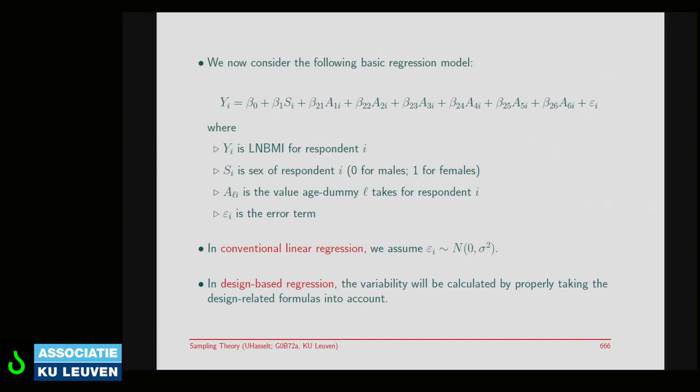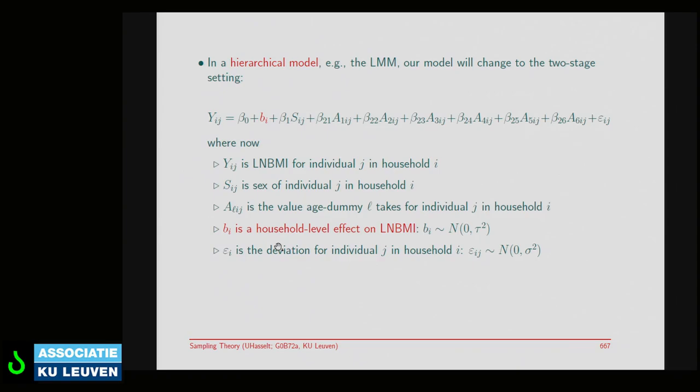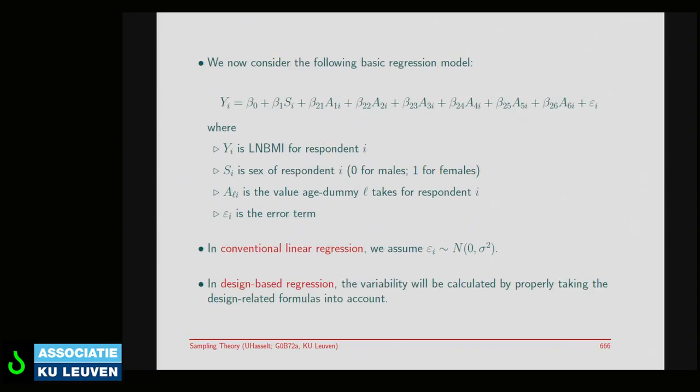Usually, we assume the error to be either normally distributed, or if we take an ordinary least squares approach, where we don't fully specify the model, we would say the error has mean 0 and constant variance sigma square. Okay, good. So, that's conventional linear regression.